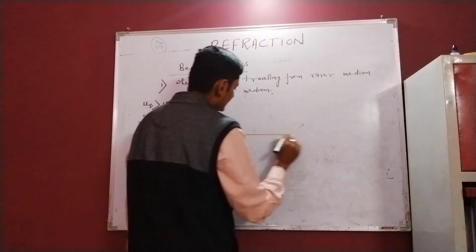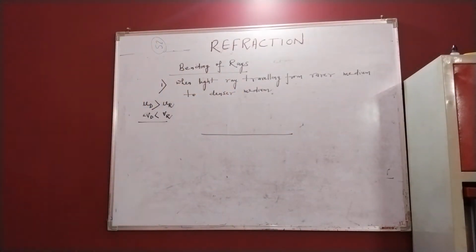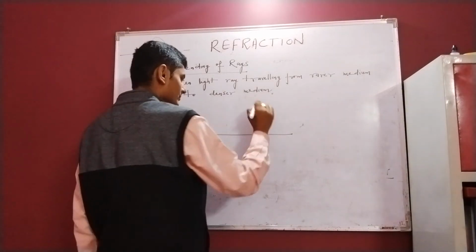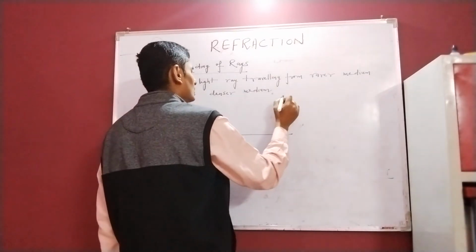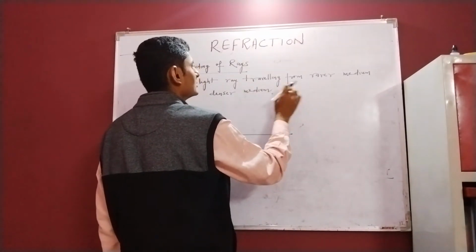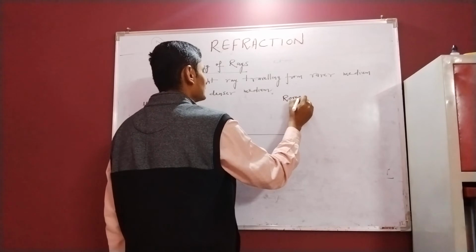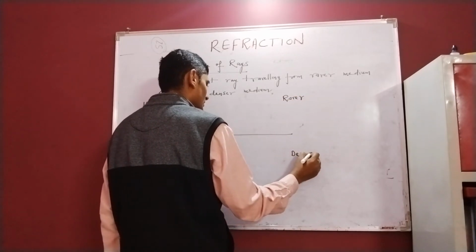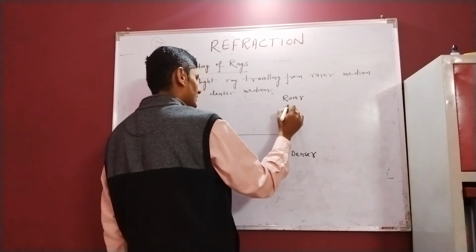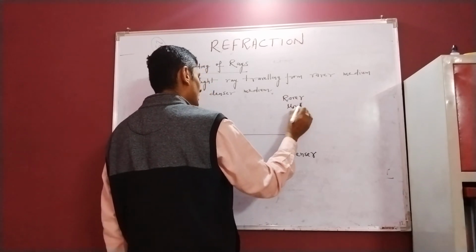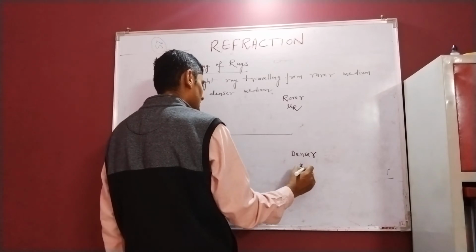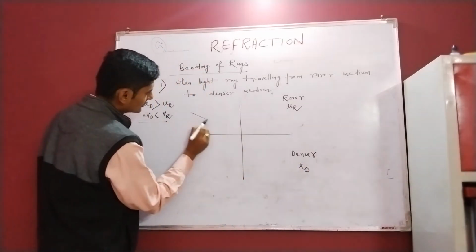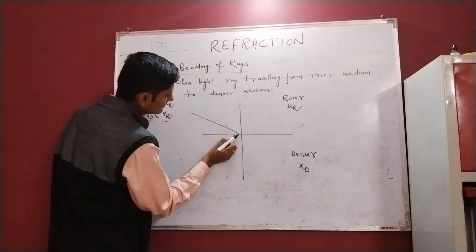Here is an interface. This is the rarer medium and this one is the denser medium. The refractive index of the rarer medium is mu r and of the denser medium is mu d. This is the incoming ray, the incident ray.